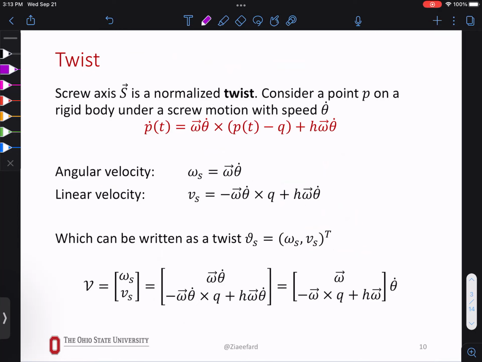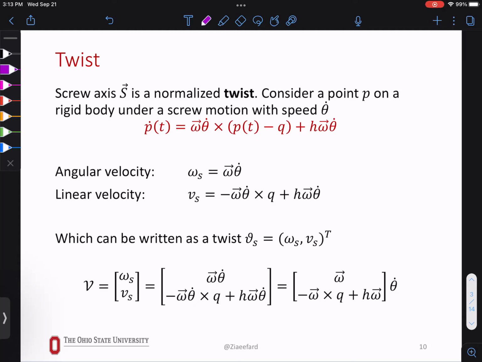Now we have a new vocabulary again: twist. Your screw axis is a normalized twist. We've already seen this before. So you have a point on a rigid body and there's screw motion happening with the speed of theta dot. When I say screw motion, there is rotation, there is a velocity along the pitch, and it is off center.